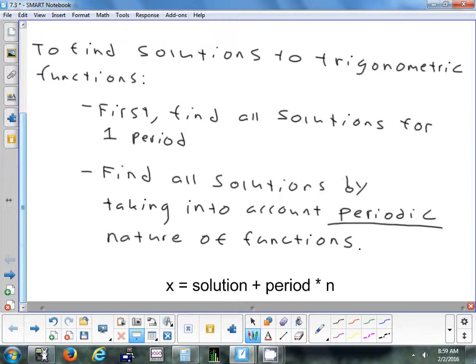So your answer, your solution, that's a number, plus your period times k. It doesn't matter what letter you use, but we'll stick with k. What does that letter stand for? k is an integer.